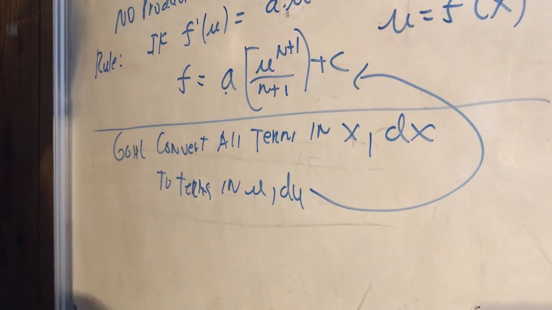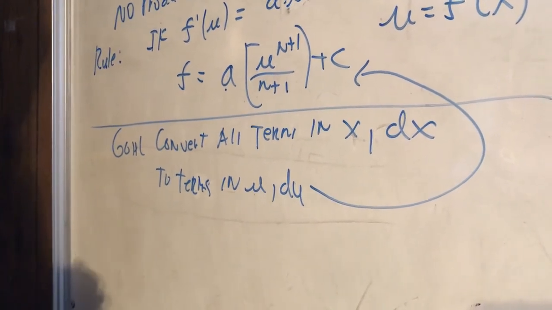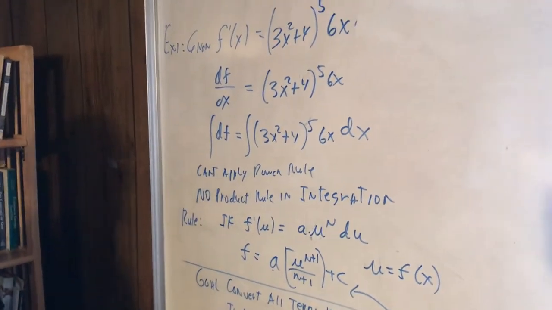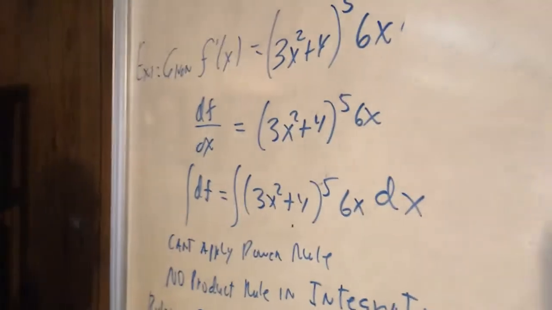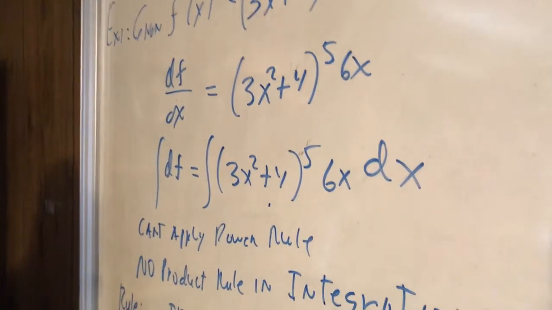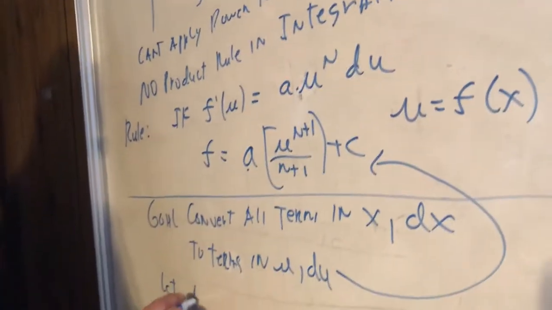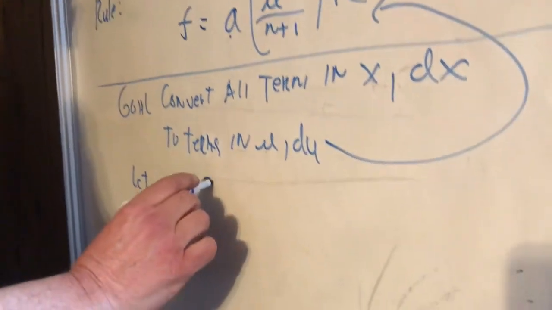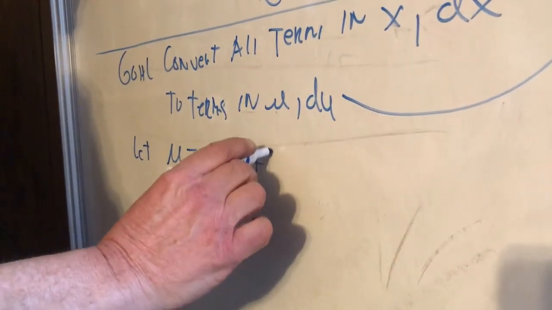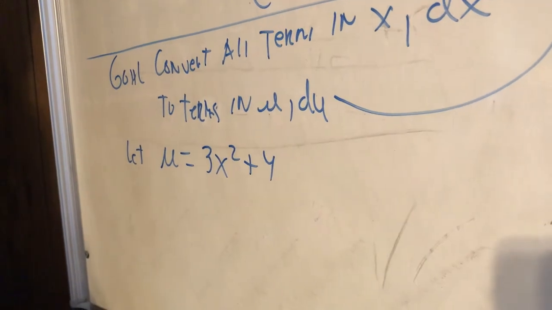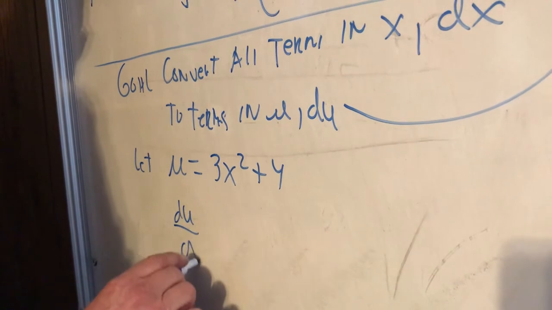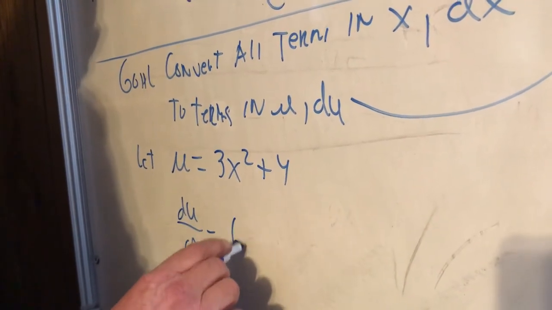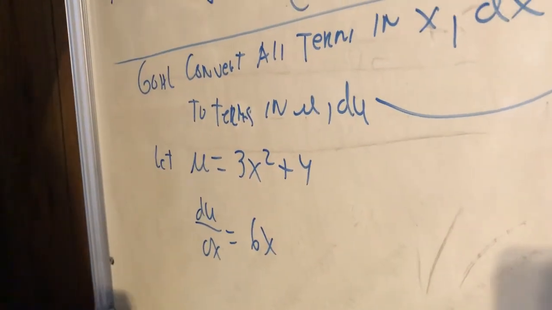Well, I might not finish this today, but let's give it a whirl. I have to find out a term for u. U is usually what's inside the binomial with the power. So I'm going to let u equal 3x squared plus 4. I'm going to take the derivative of that too. du dx equals 6x. All right.